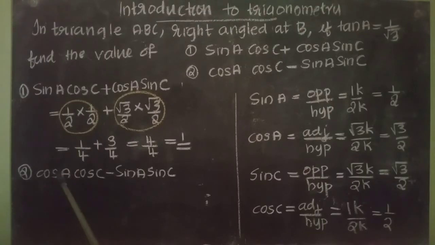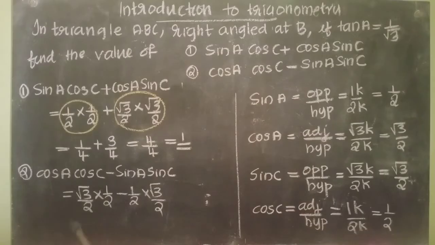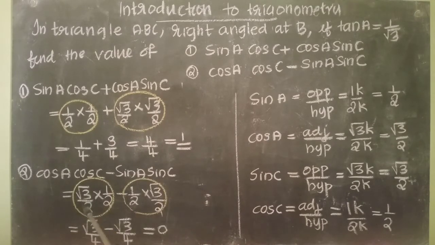Second question, cos A cos C minus sin A sin C, that is equal to root 3 by 2 into 1 by 2 minus 1 by 2 into root 3 by 2. Root 3 by 2 into 1 by 2 equal to root 3 by 4. 1 by 2 into root 3 by 2 equal to root 3 by 4.